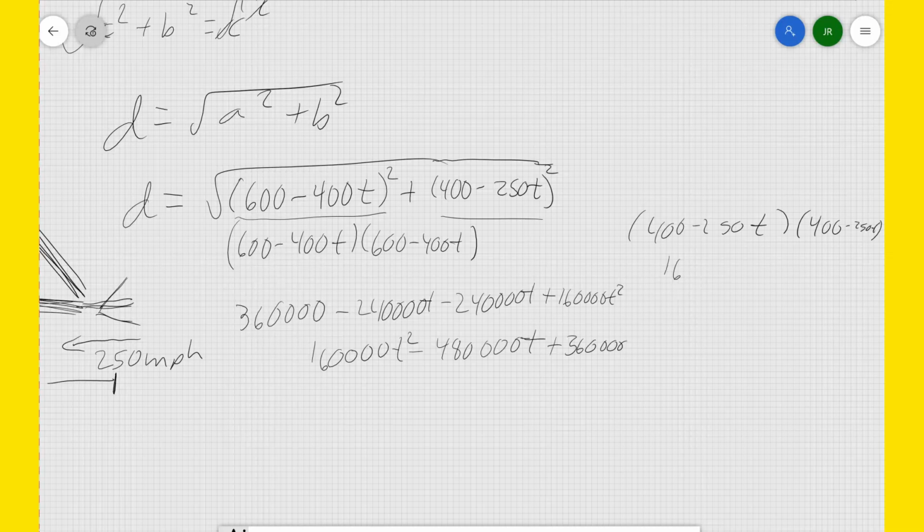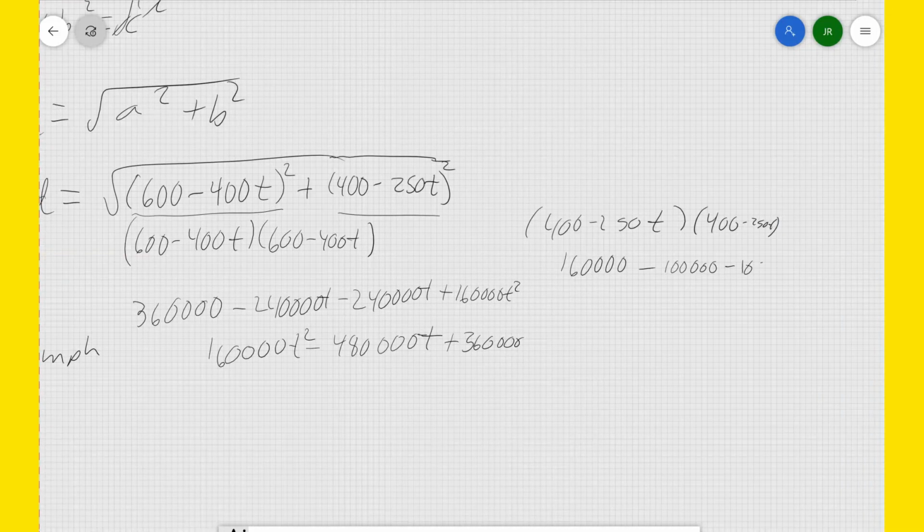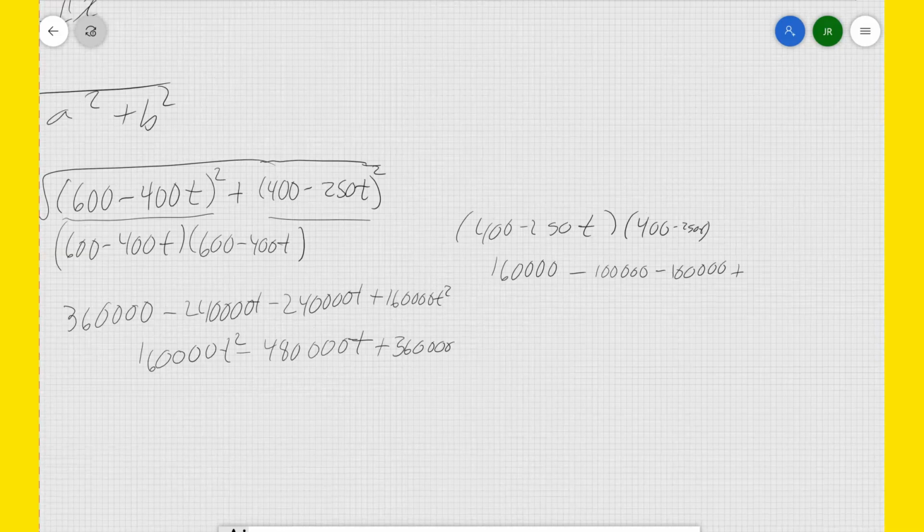That's going to be 160,000, minus 4 times 25 is 100, so minus another 100,000t, plus 62,500t squared. So let's see if I can combine my like terms now.